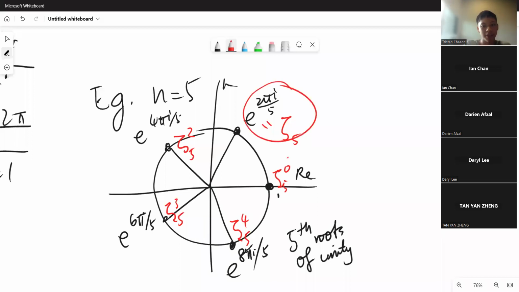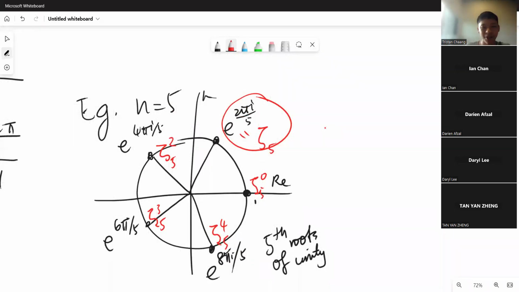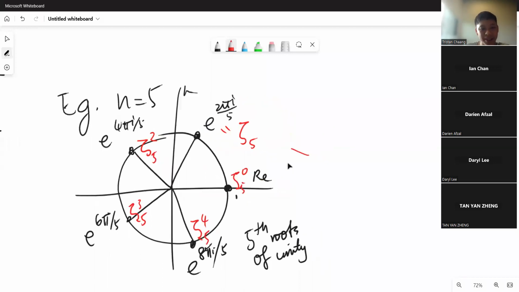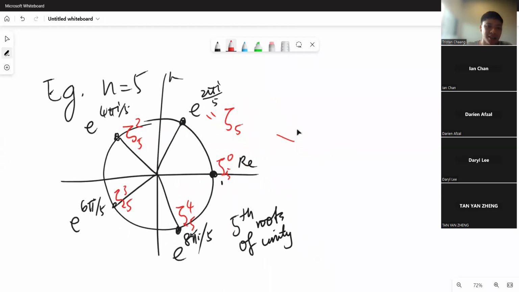Well, there's a name for this. You can look at it in the handout. It's called a principal root, but you don't have to know that really. You can just let this be zeta, or you can name it whatever you want. You can name it omega, theta, chi, or whatever.